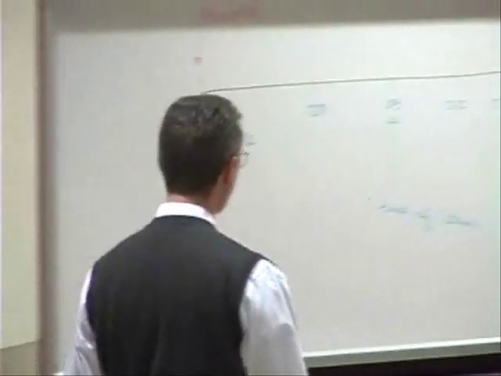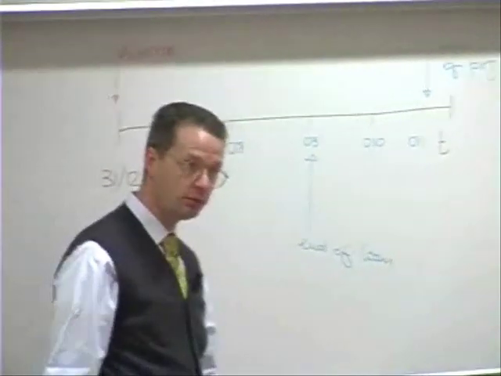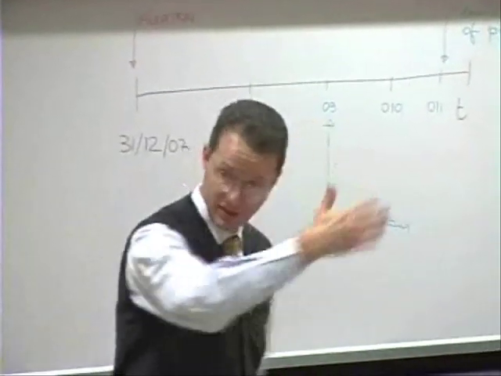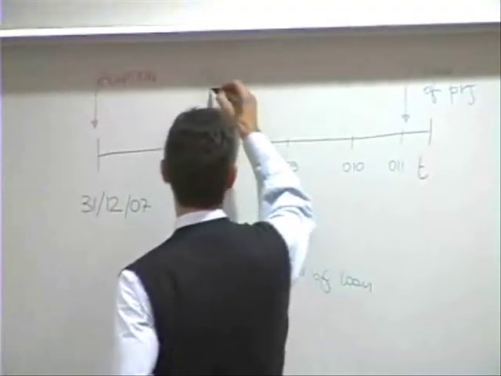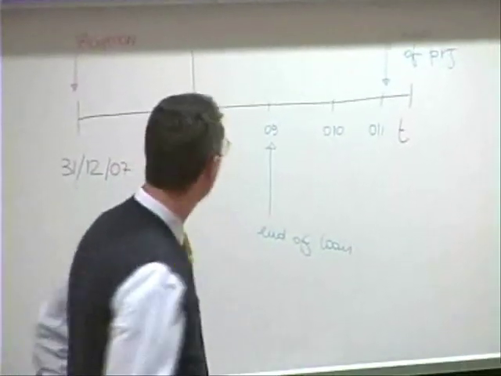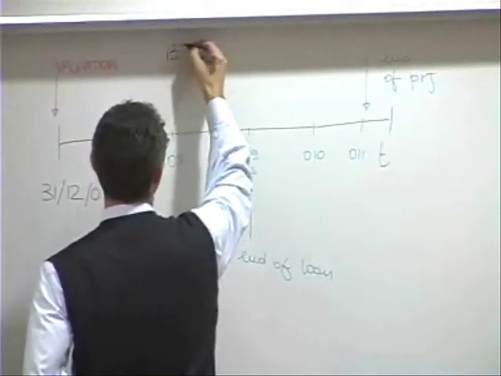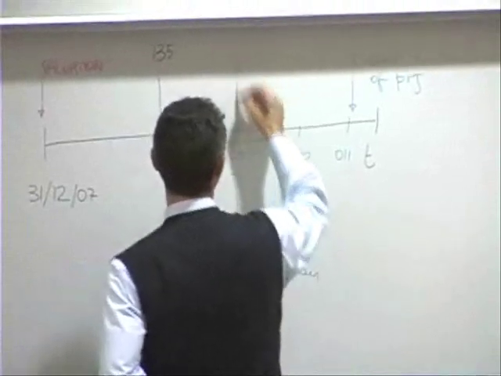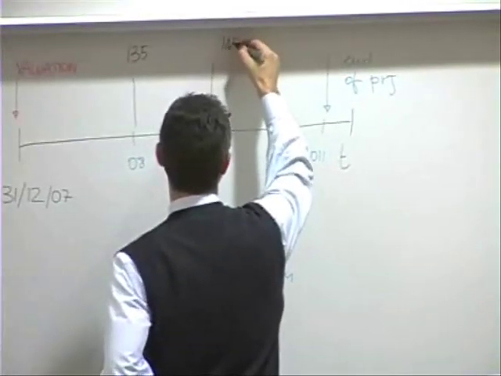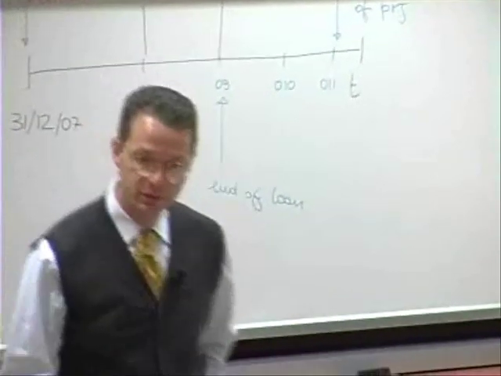Now, what I provide you is some information about the free cash flow that will be available for every year of the project. Suppose, for example, that in year 2008 you have 135 million euros. In year 2009 you have 145 million euros.